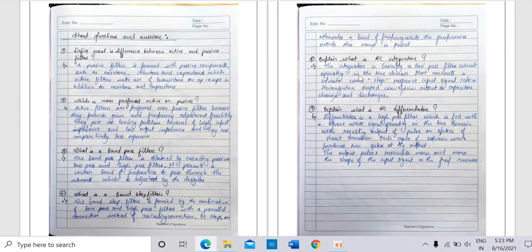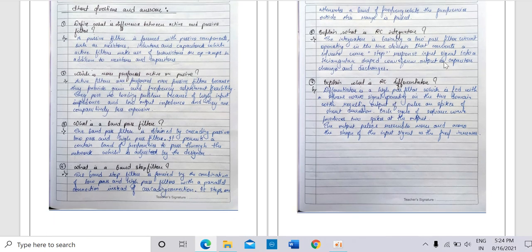And then, this is basically what an RC integrator is. The integrator is a low pass filter circuit operating in the time domain that converts a square wave, that is a step response input signal, into a triangular shaped waveform. Similarly, the opposite we can say for the RC differentiator.